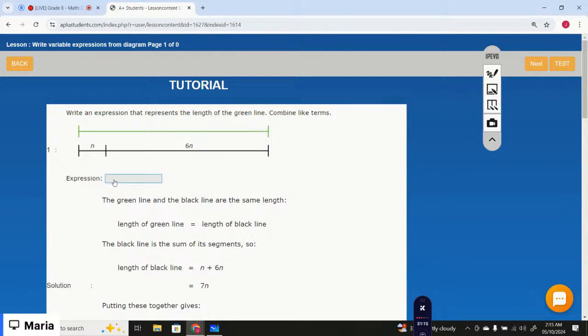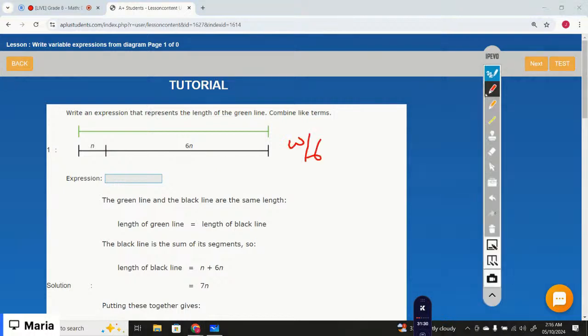Write variable expressions from diagram. Write an expression that represents the length of the green line. Combine like terms. Okay, you need to find the length of the green line, right?